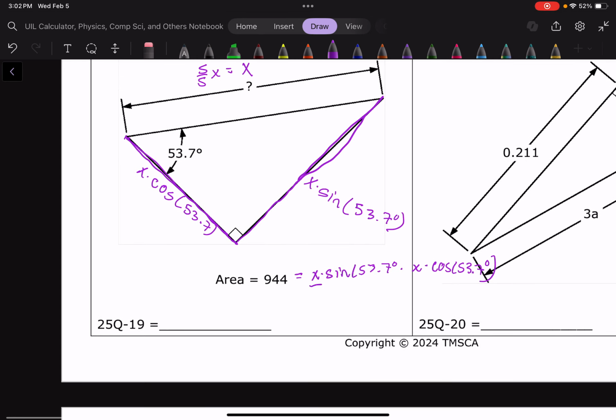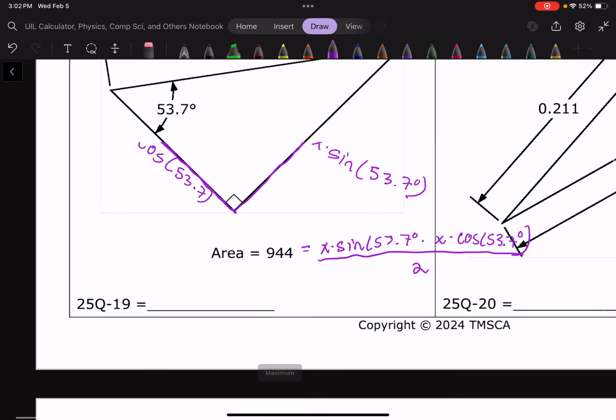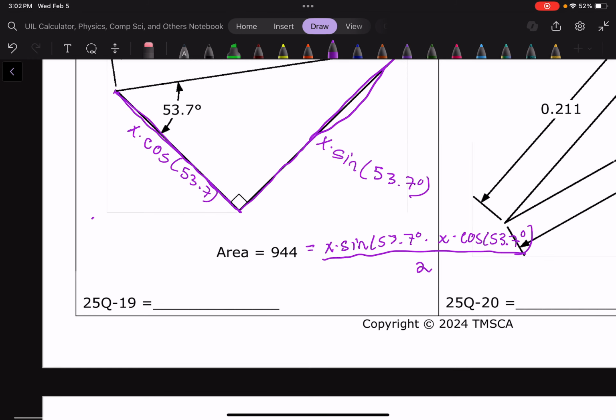All of that over 2. Putting this together, what we really have is x squared sine theta cosine theta all over 2 equals 944.